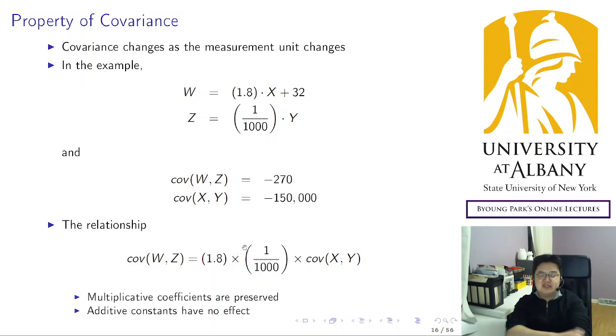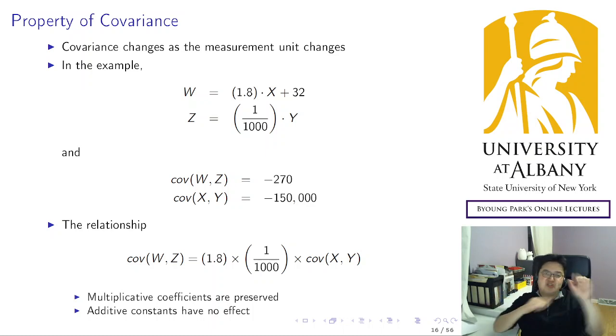And remember, another thing you have to watch is that plus 32 does not affect anything. Additive numbers, when you add or subtract something, have no effect on the covariance, because we are looking at the slope, and a parallel shift going up or down or left or right makes no change in the slope.